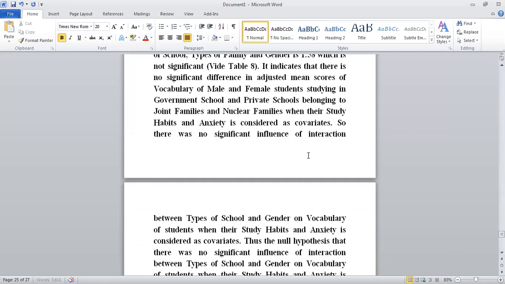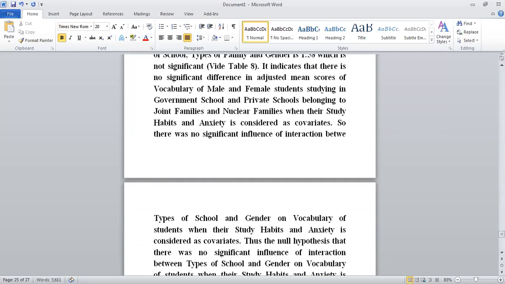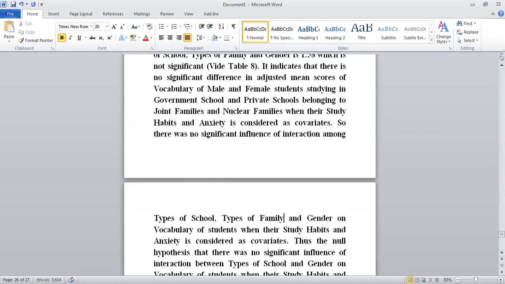So there was no significant influence of interaction among types of school, types of family and gender on vocabulary of students when their study habits and anxiety is considered as covariates.